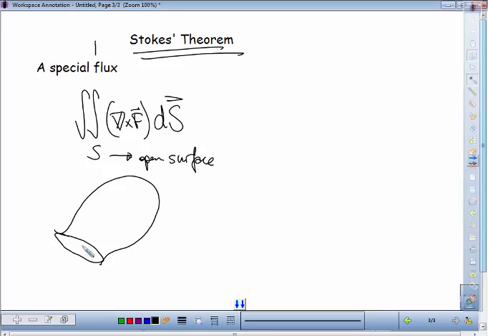Stokes' theorem is specifically for an open surface. So Stokes' theorem says that if you're looking for a flux of a curl over an open surface like this, it's going to reduce down to a single integral. The single integral is going to be a line integral over a curve C. Now, I'm going to replace this C with something, if you're taking notes in pencil.